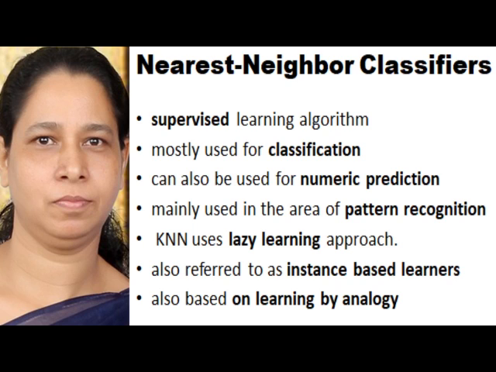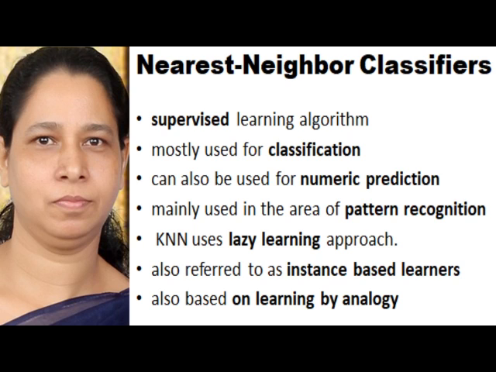Most of the classification algorithms like decision trees, rule-based classification, classification by back propagation, and support vector machine are based on eager learning approach. But KNN uses lazy learning approach.